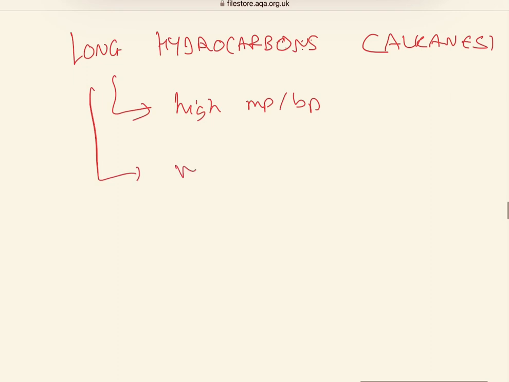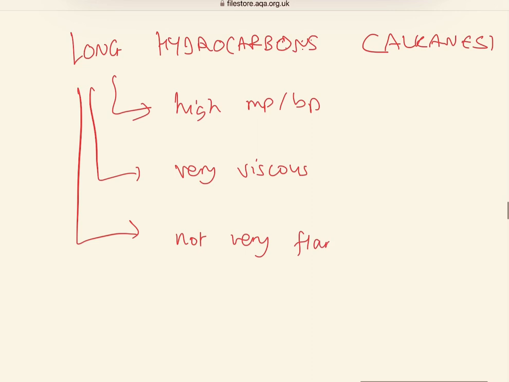They are very viscous. Viscous means gooey. The opposite of viscous is runny. And they are not very flammable. So all of this is a bad characteristic of a hydrocarbon.